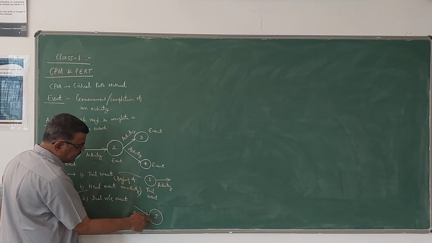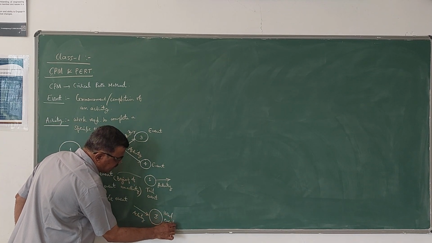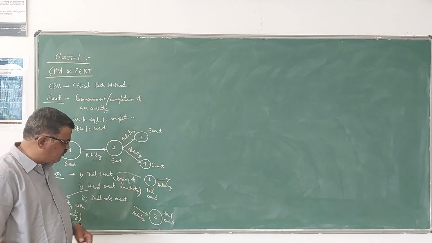Activity 2, 3 is ending at 3, therefore this becomes a head event. Similarly, 4 is a head event because there is no other activity after 4.